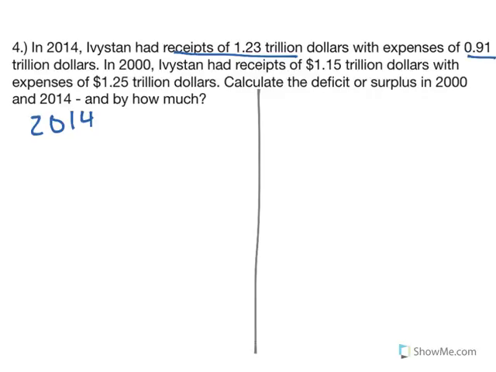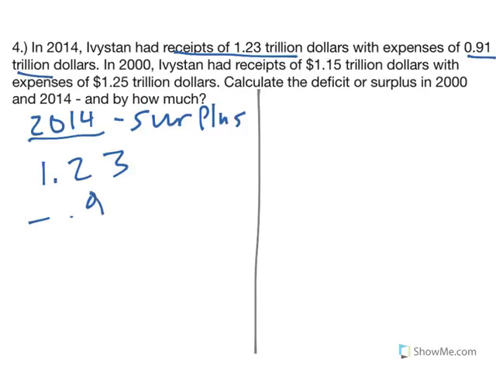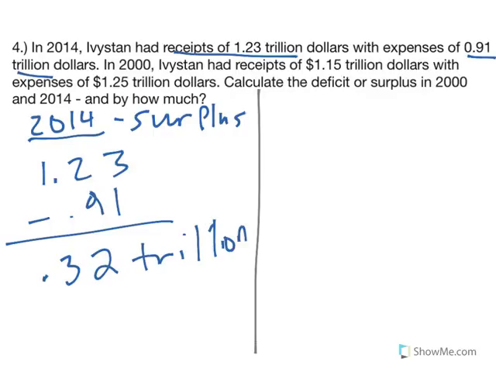Receipts, expenses. They're both in trillions. Notice the receipt number is bigger. If that's bigger, that means we have a surplus. And by how much? Well, let's subtract. If I subtract those two, I have $0.32 trillion as my surplus, which would be a lot of money.